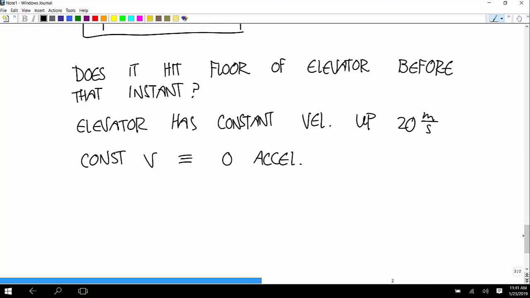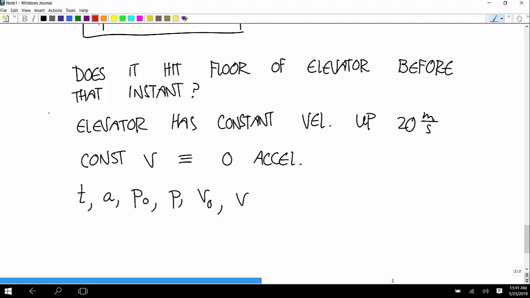So let's start thinking through this. The variables that we're dealing with, well, zero acceleration is still constant acceleration, so we can still use these equations. So there's a time, an acceleration, a p0, a p, a v0, and a v. And let's think about what we know of these.